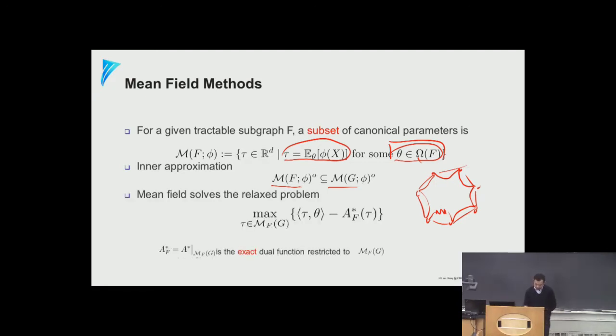And then we define the mu parameters to be in this inner approximation to the marginal polytope. And we are now going to compute the dual of the partition function, which is the entropy. So how do we compute the entropy of a distribution that corresponds to a subgraph with no edge?